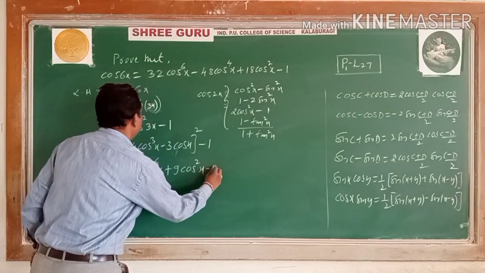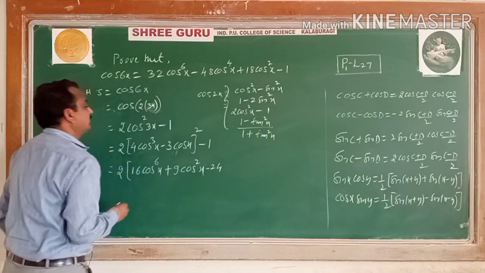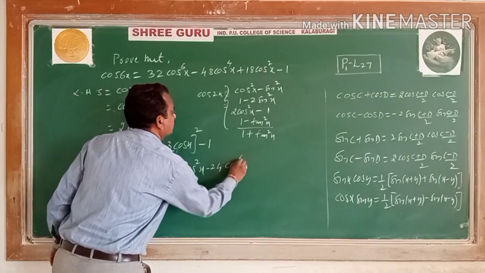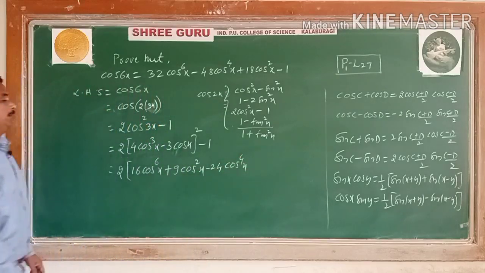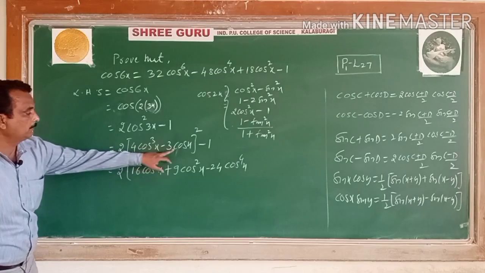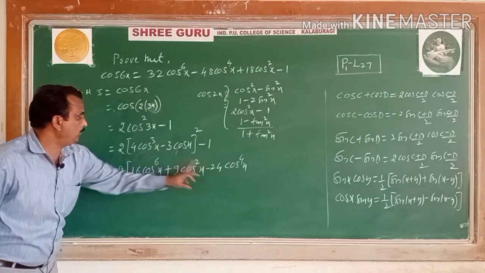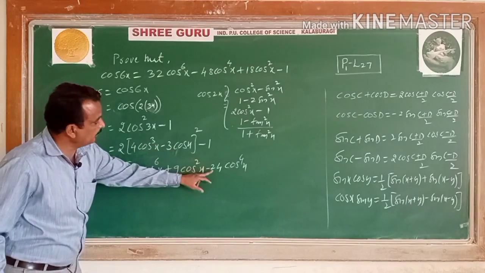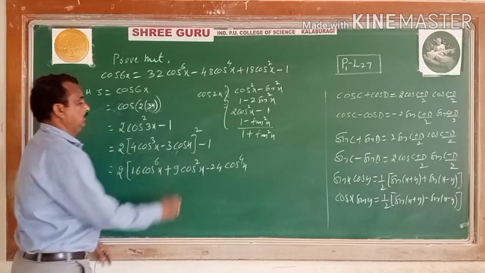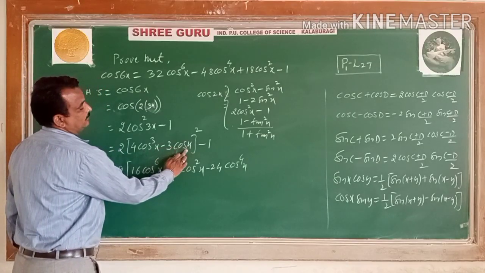Plus 9 cos square x, minus 2ab, 2 into 4 into 3, how much is it? 24 cos cube into cos x, cos 4x. Is it clear? a square plus b square minus 2ab, 4 into 2 into 3, that is 24 cos 4x.